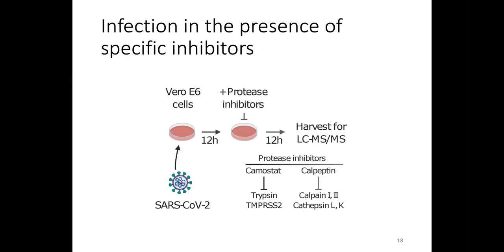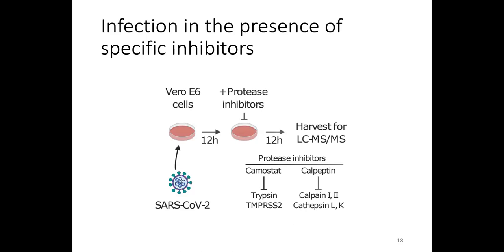Well, what we decided to do was to perform viral infection in the presence of specific inhibitors. We took Vero E6 cells, as we saw the vast majority of our cleavage sites in this cell line, and because the virus replicates much better. We allowed infection to proceed uninhibited for 12 hours, because our goal here was not to add inhibitors to halt virus growth.